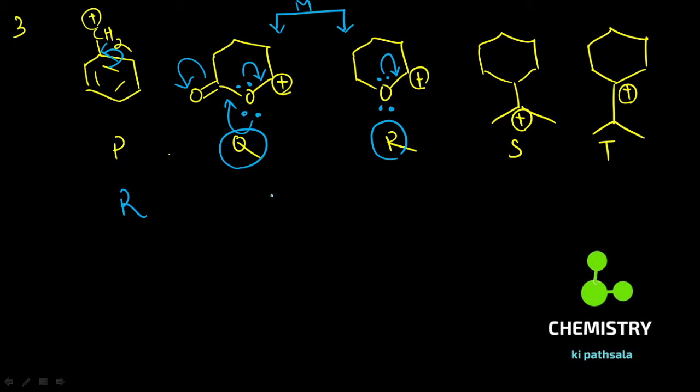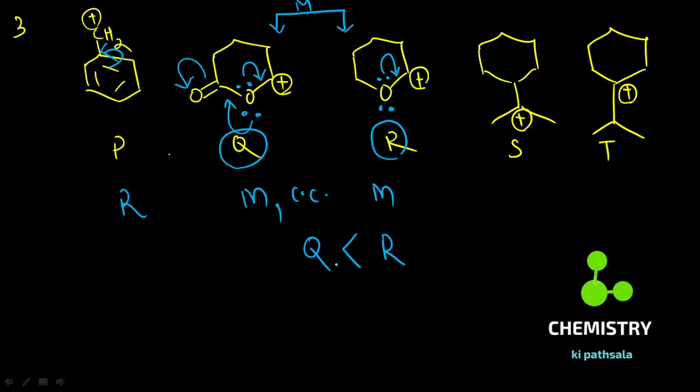So here, mesomeric effect with cross conjugation. Here, only mesomeric effect. That means between these two, obviously R is the more stabilized carbocation than Q.